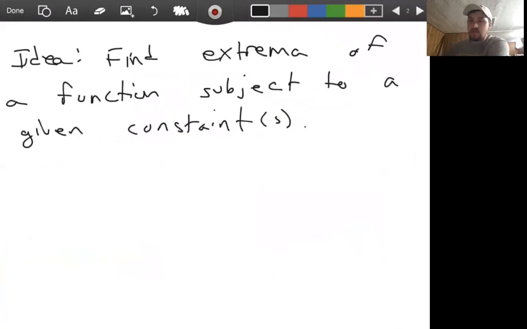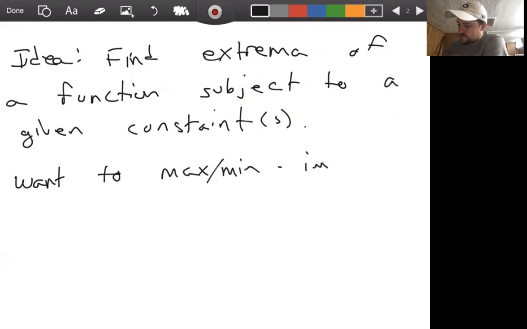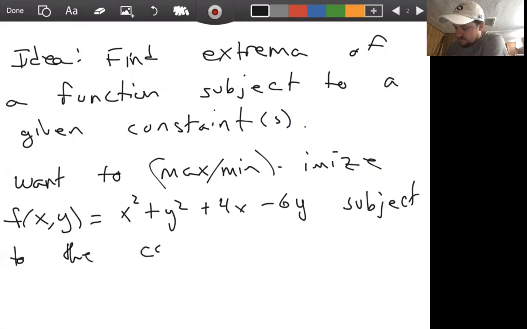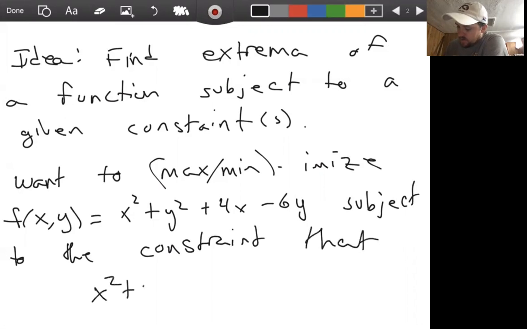So in this language of constraints, we want to maximize or minimize the function f of x y, which is x squared plus y squared plus 4x minus 6y, subject to the constraint that x squared plus y squared equals 16.